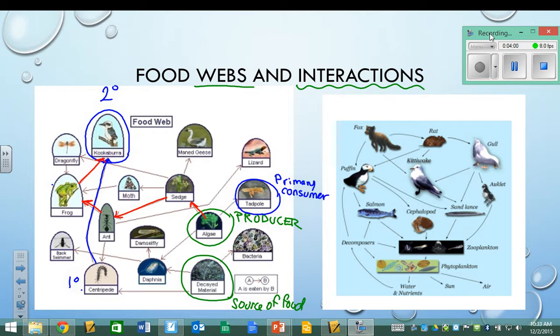So in that particular little path, I would say producer, primary consumer, secondary consumer, tertiary consumer, quaternary, so fourth level, fourth order. So I can't say that that kookaburra is one particular level of consumer because it depends on what it's eating.